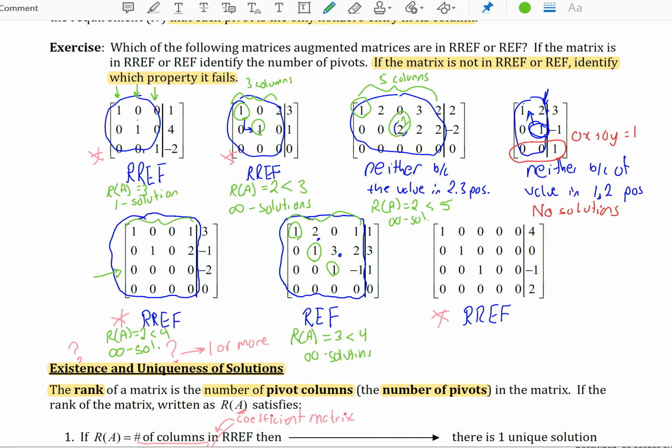So if you're comparing here, you're only going to have one solution if your coefficient matrix turns into the identity matrix. If this looks like the identity matrix, that's how you know you're going to have one solution. But if it's some other variation, that's how you know you're going to have infinite solutions.